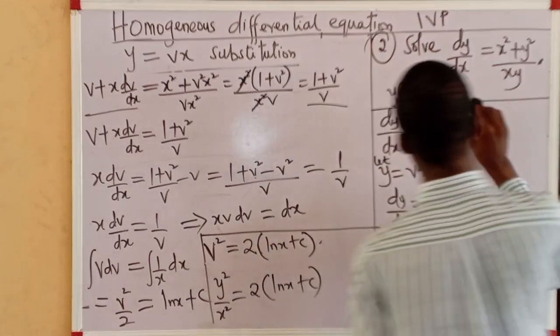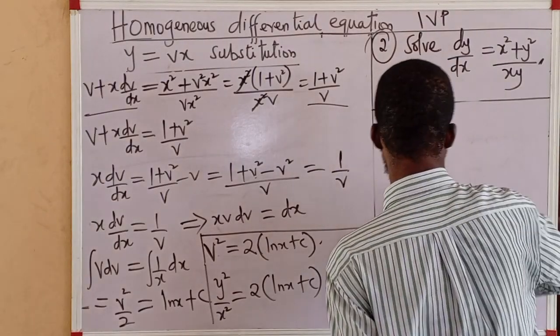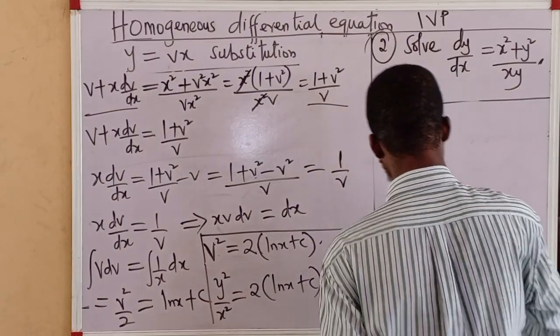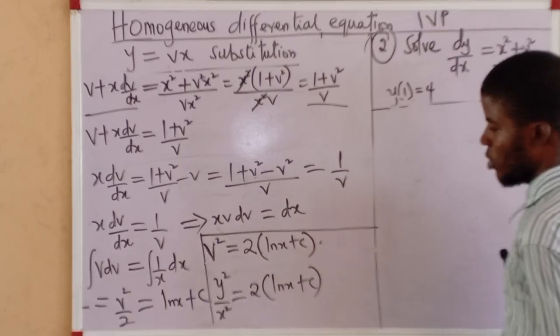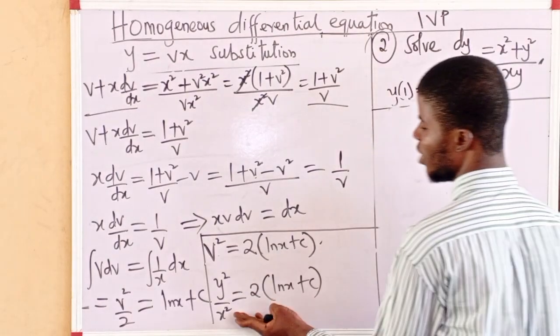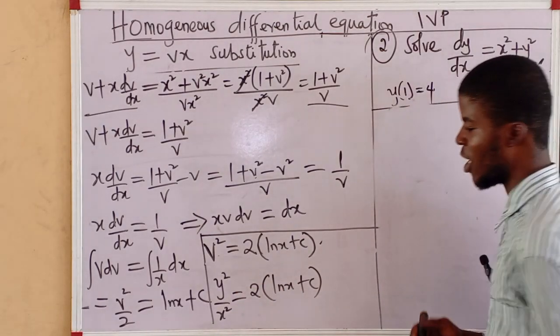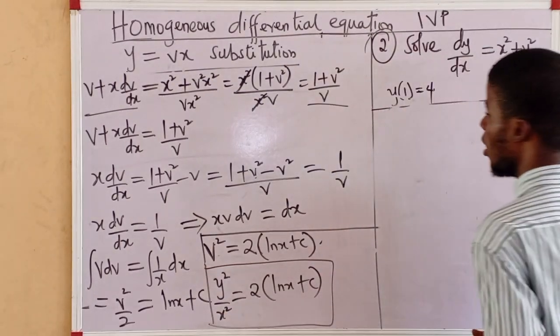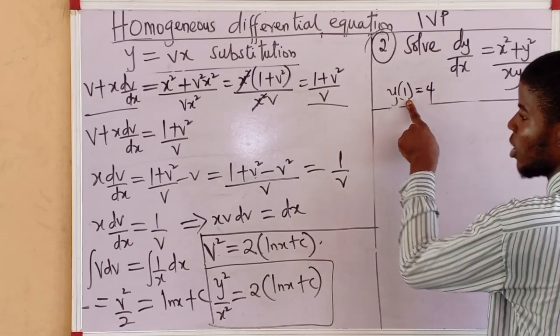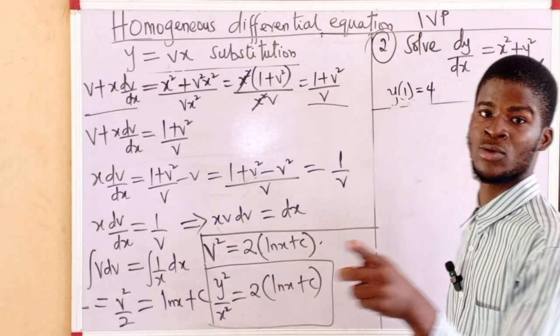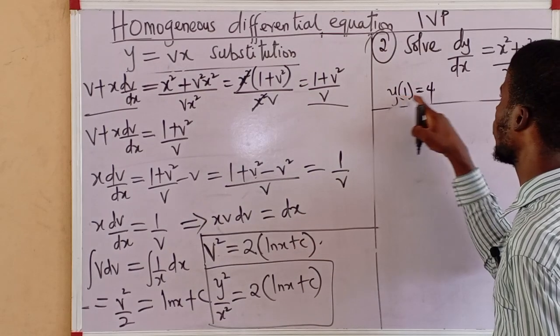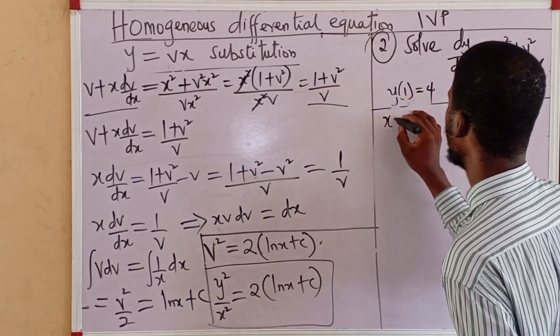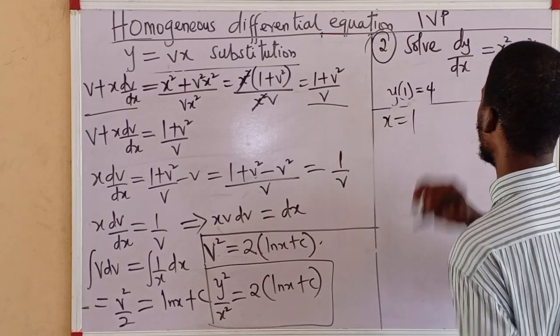Okay, let's go ahead. We'll soon be done with the question. So we now have our solution in terms of y and x. The v is out. This is the general solution. Alright. Now we can apply the initial conditions to the problem to obtain the particular solution. y of 1 equal to 4 means that x is equal to 1 and y equal to 4.